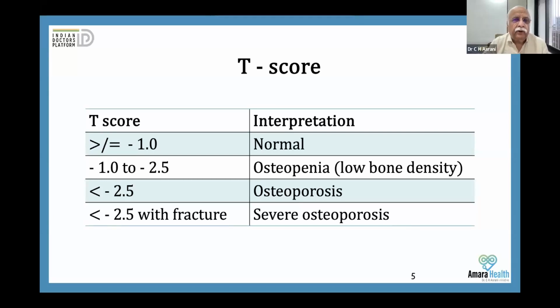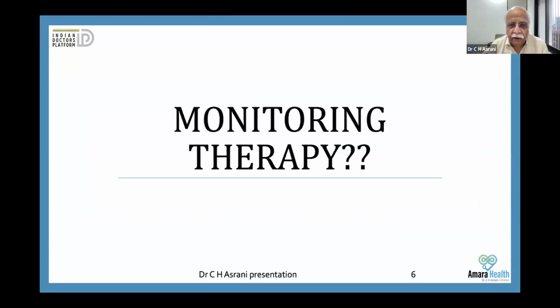Now, this is very good to diagnose. But when you start bisphosphonate treatment, how do you monitor therapy? Repeating DEXA or bone densitometry every 6 months is tedious, expensive, time-consuming, and more importantly, whether the T-score will show improvement in 6 months is again doubtful.